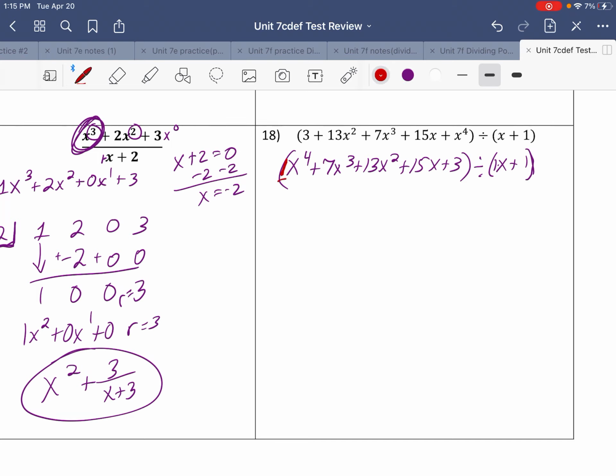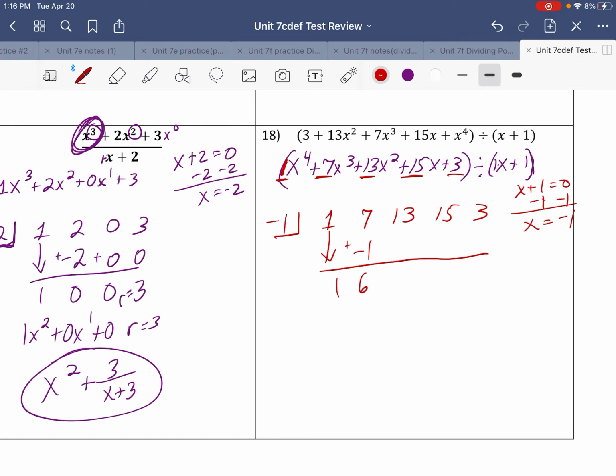So we have 1, 7, 13, 15, 3. Those are going to be the coefficients you're going to write down. X plus 1, so it's always the opposite when you have a coefficient of 1, so it's going to be negative 1.